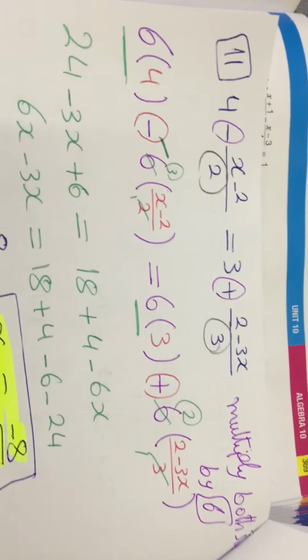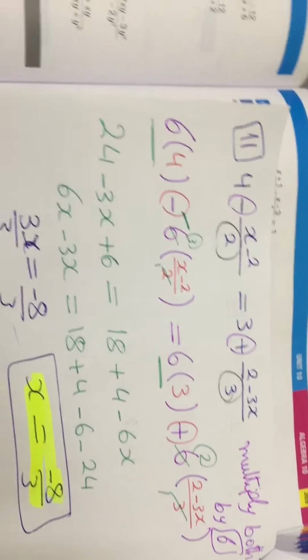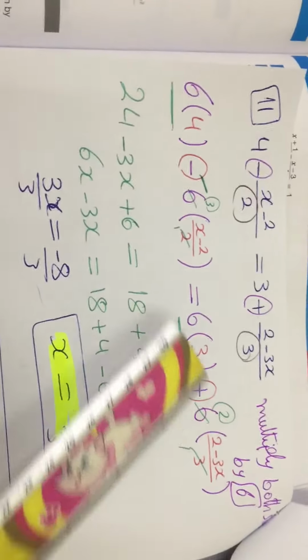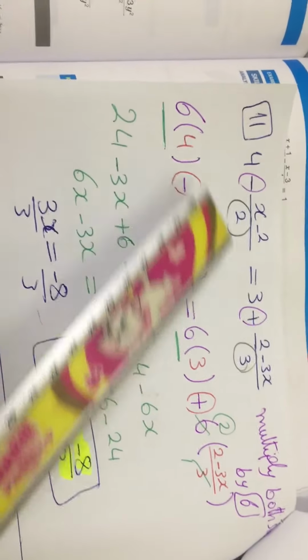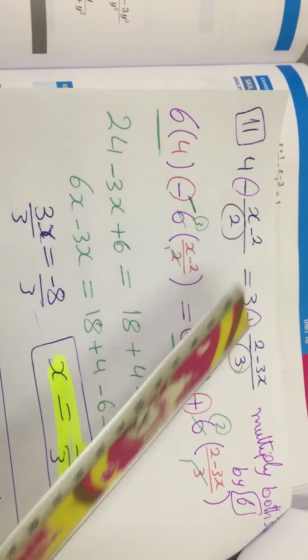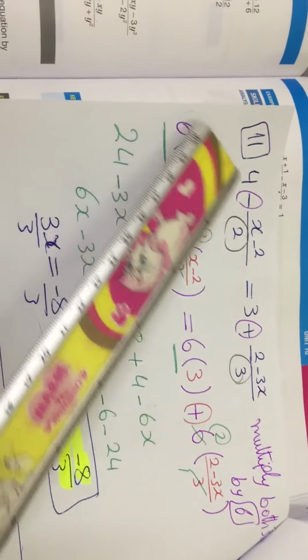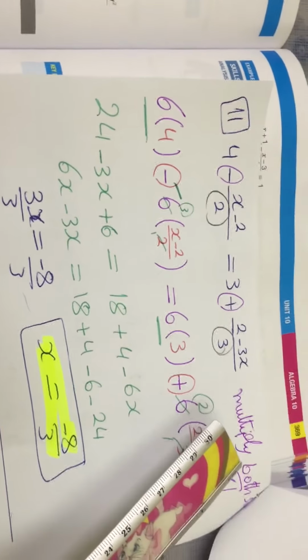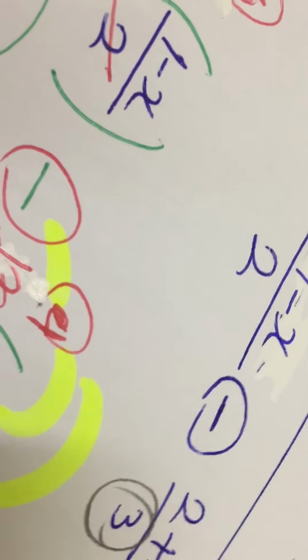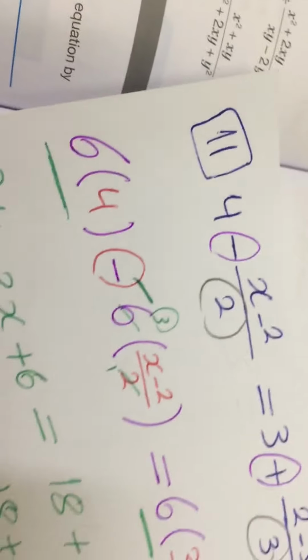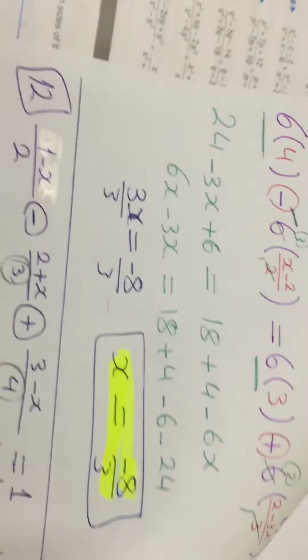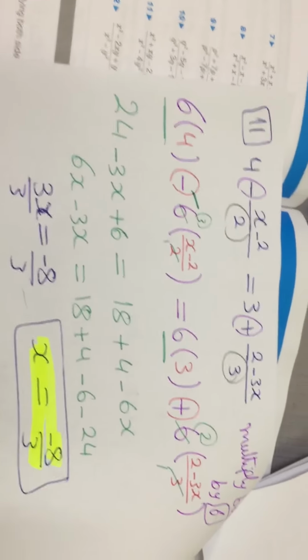I have 2 and 3. 2 on the left side and 3 on the right side. So multiply them with each other, gives you 6. Now multiply both sides by 6 to clear the denominator. And we make this step, clear the denominator, in case of equations only.